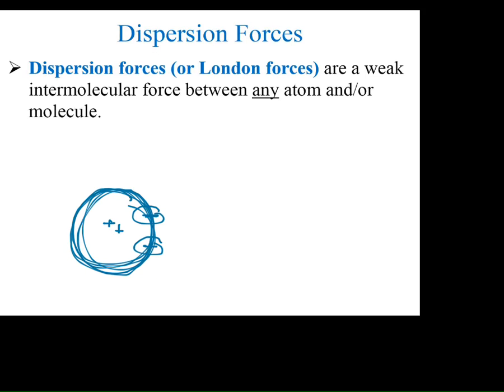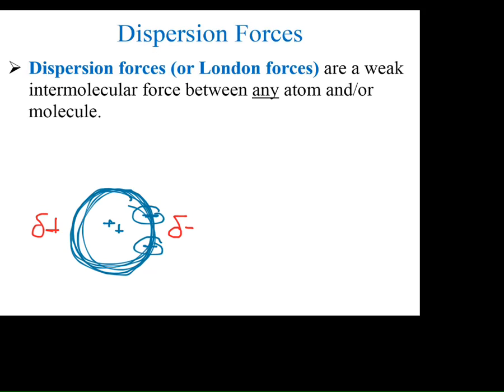Well, in that split second in time, what's happened? This side of the atom has become partially negative. And on this side, all the protons are kind of exposed, and now it's partially positive. But again, it's just there for a second, and then they keep orbiting, and it's gone again.